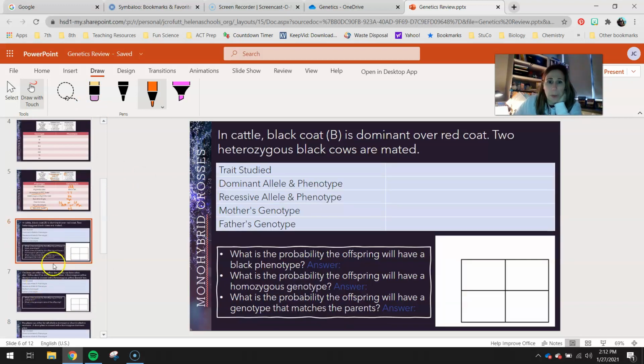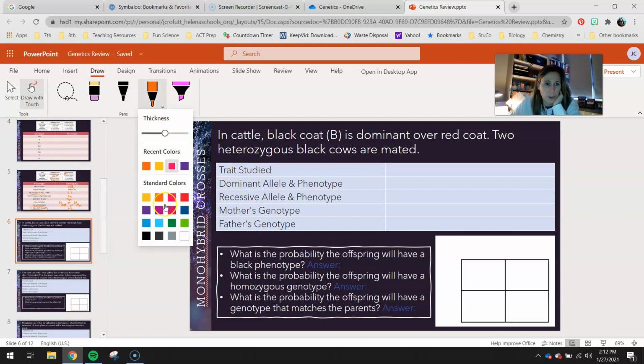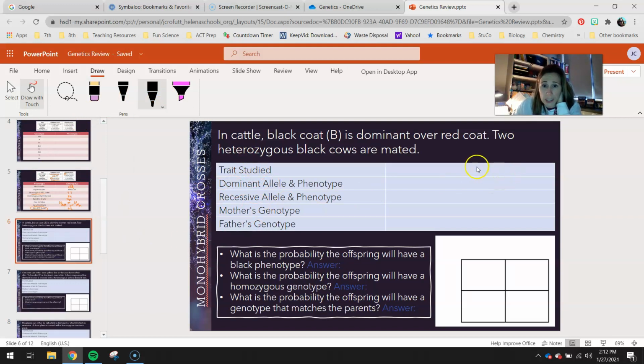In cattle, black coat, big B, is dominant over red coat. Two heterozygous black cows are mated. Since they're both heterozygous, we can skip a little bit ahead. Your trait study is going to be coat color, so I'm going to let you write that in there.